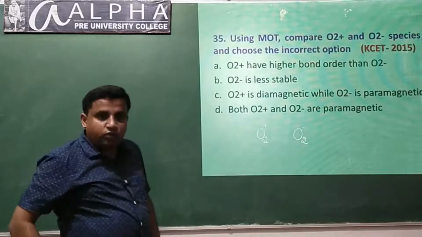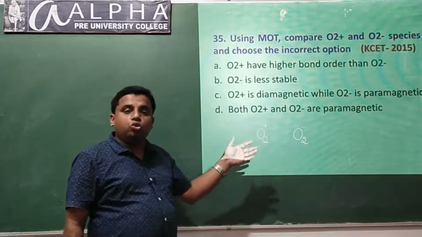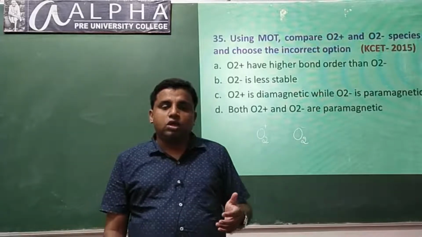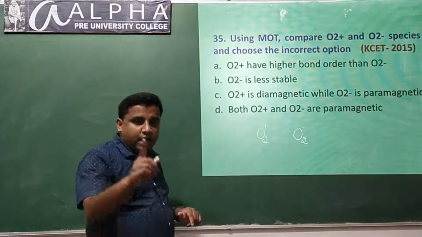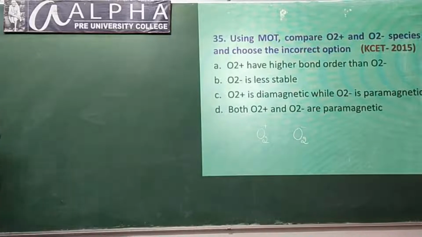We know O2 plus or O2 minus has more than 14 electrons, so we use the second electronic configuration, as I have stated earlier. What is the electronic configuration you use for species with more than 14 electrons?